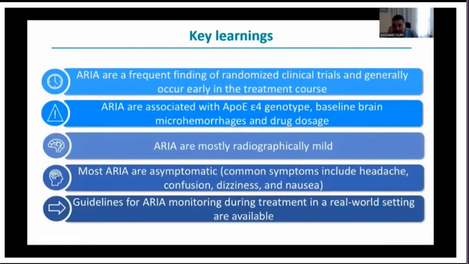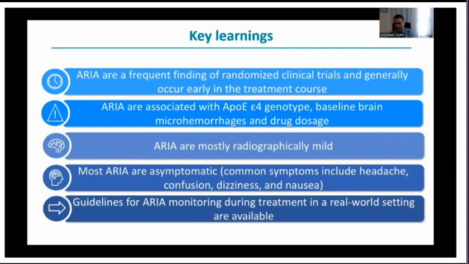So these are the most important take-home messages of this brief talk, which I hope was useful. ARIA are a frequent finding in trials which used beta amyloid removal and monoclonal antibodies to treat Alzheimer's disease. They generally occur early in treatment, so we should think about that.